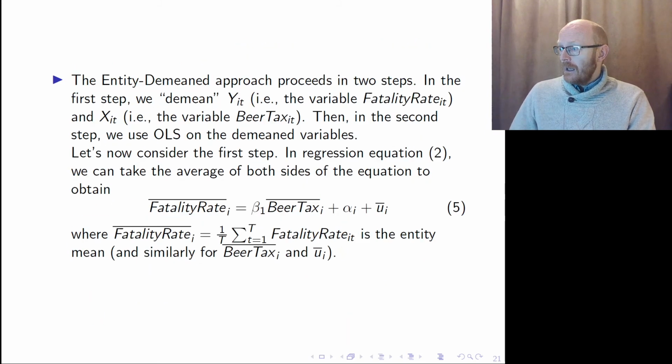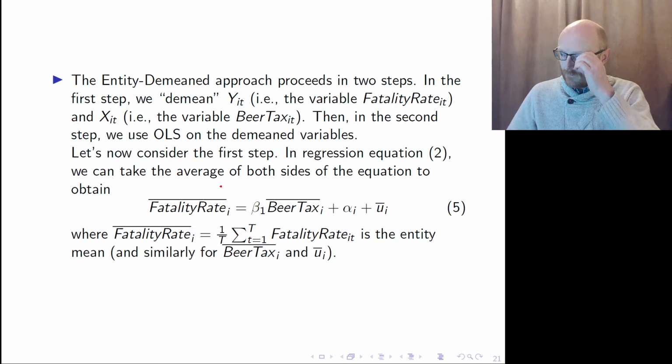Okay. What we can do is create a demeaned fatality rate for each entity. So what does it do? Well, in our data set, we have 7 different timestamps. So for each entity, for each state, we take the average of the fatality rate in these 7 years.